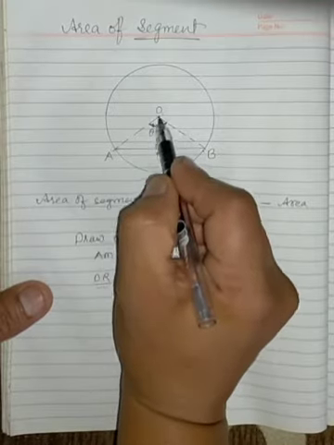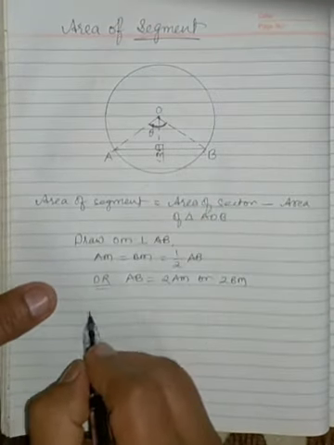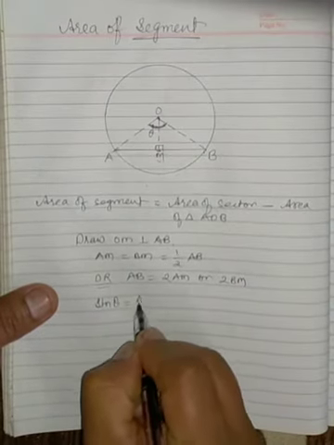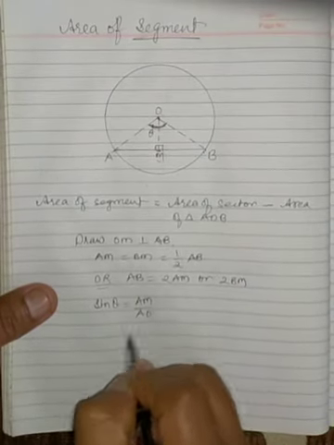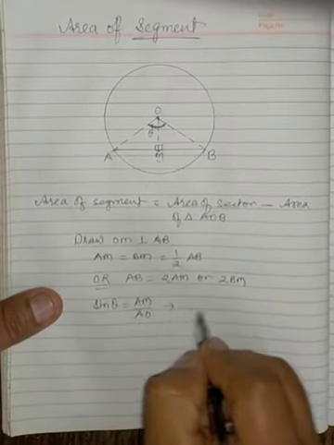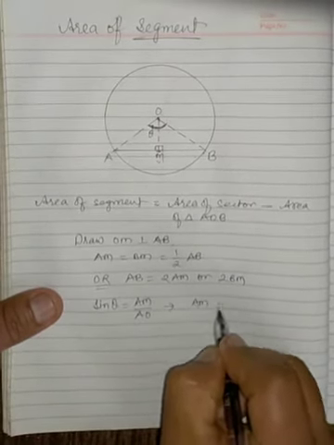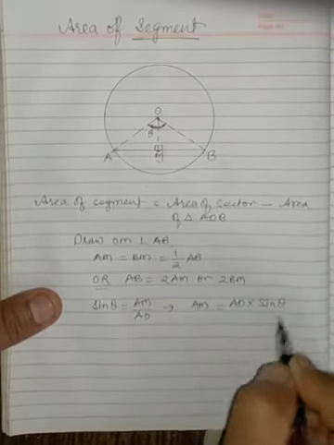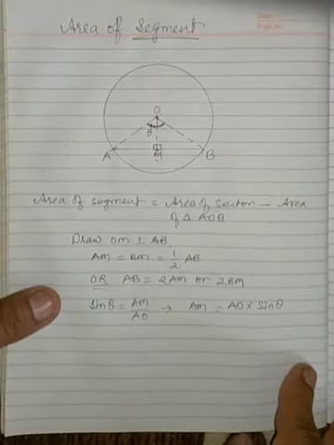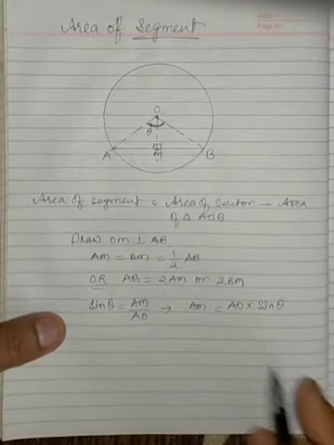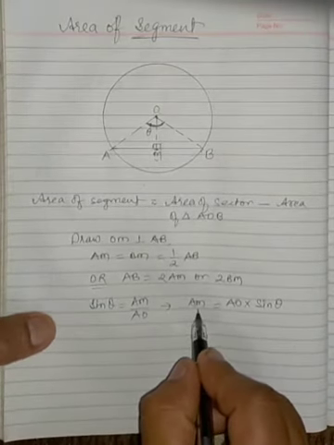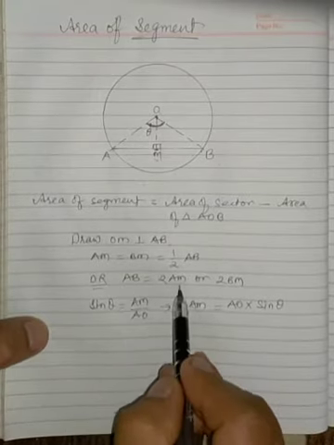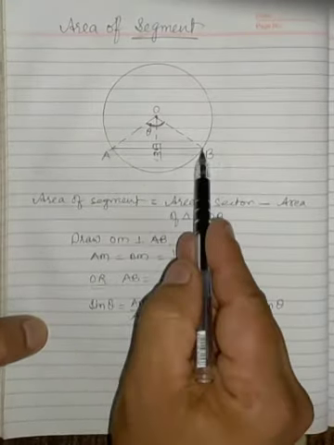Perpendicular and hypotenuse are related with sine. So sine theta is equal to AM upon AO. That means AM is equal to AO into sine theta. So using theta given in the question and the radius, we can find AM. And after finding AM, AB will be double of AM, so you will get the length of AB.